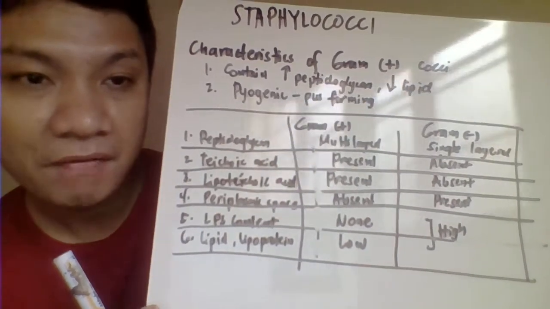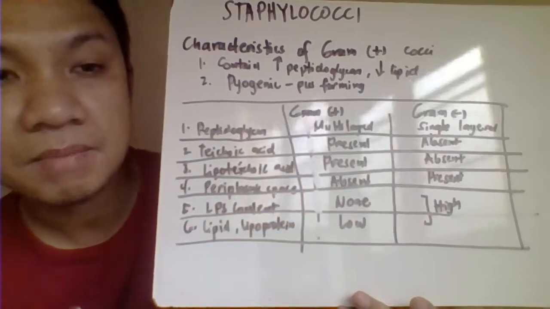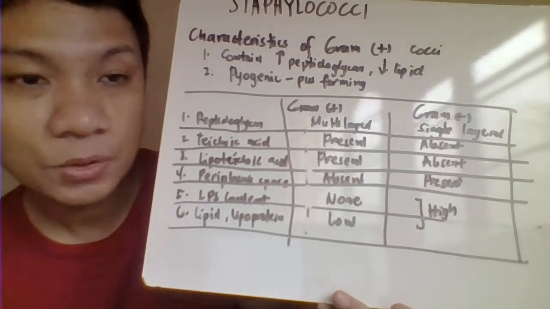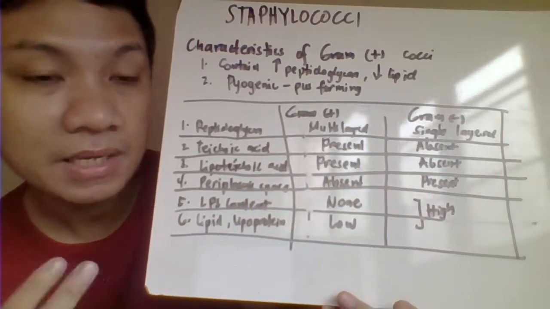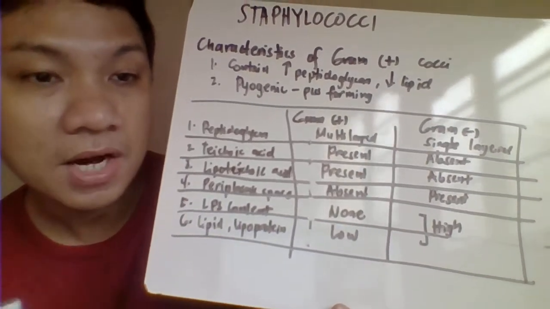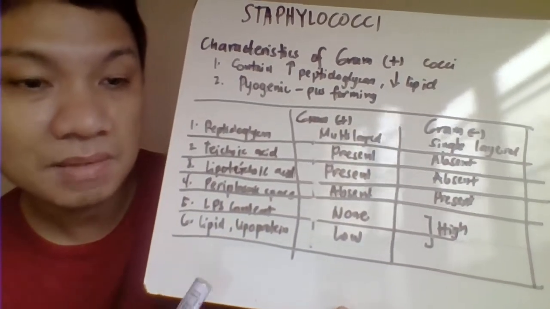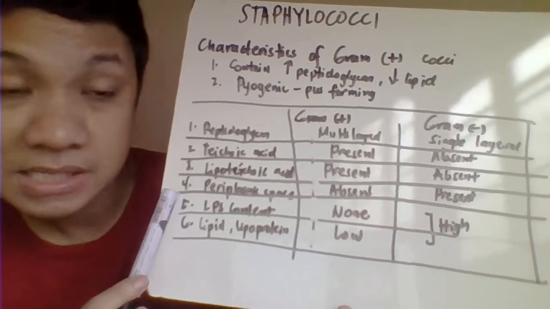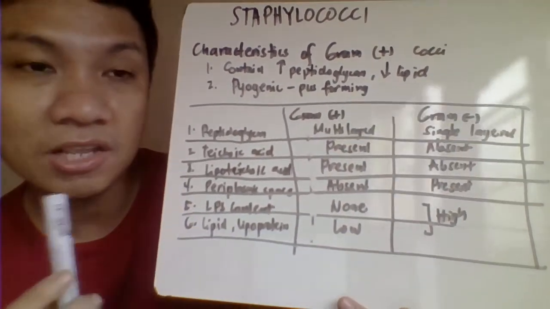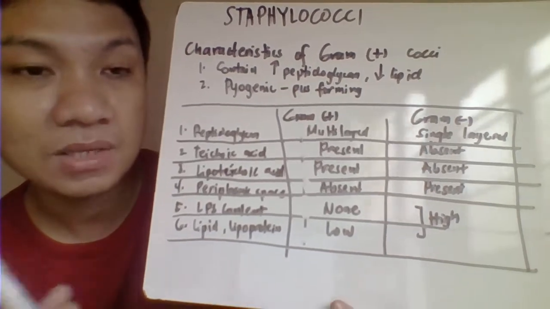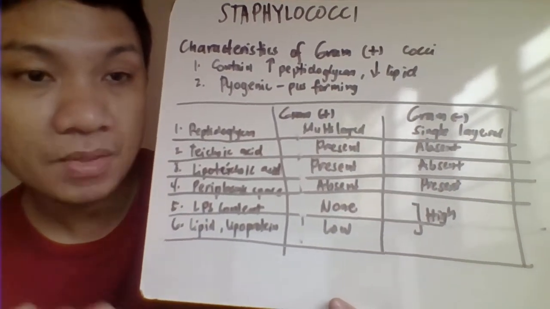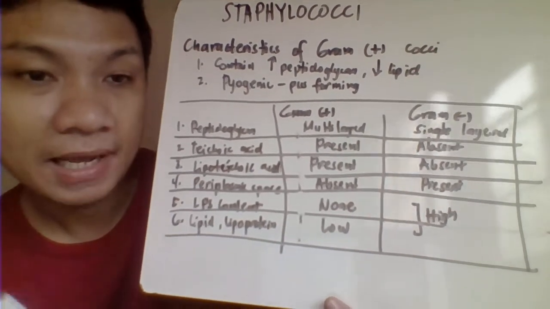Periplasmic space could be found in gram-negative organisms because they contain two layers of membrane, an inner membrane and an outer membrane. The space between the inner and the outer membrane is the periplasmic space, which could be found only in gram-negative organisms, but not in gram-positive organisms because they would have only one layer of peptidoglycan.